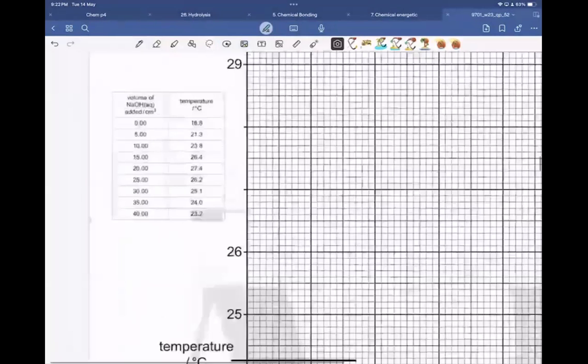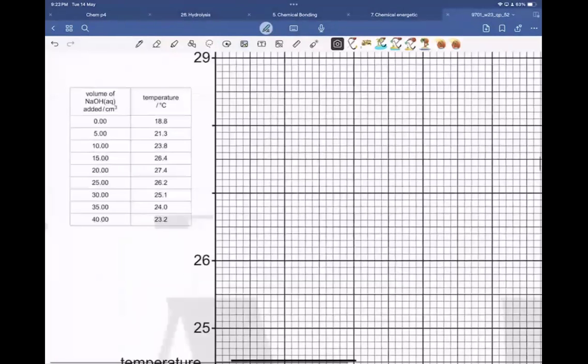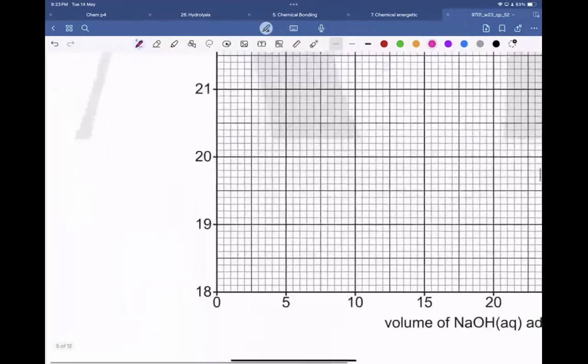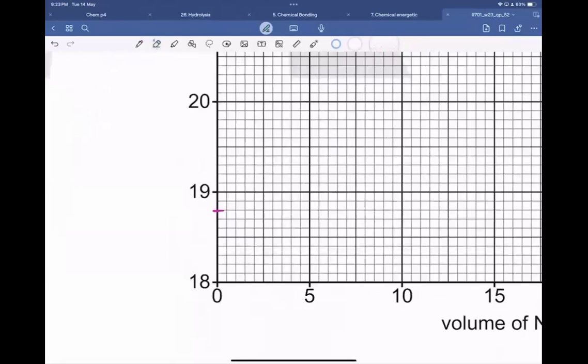Here we have the values. At zero volume, temperature is 18.8. So 18.8 must be this point, right?